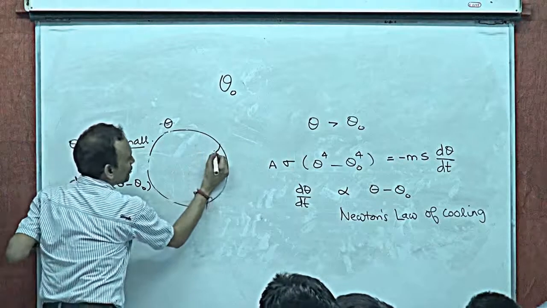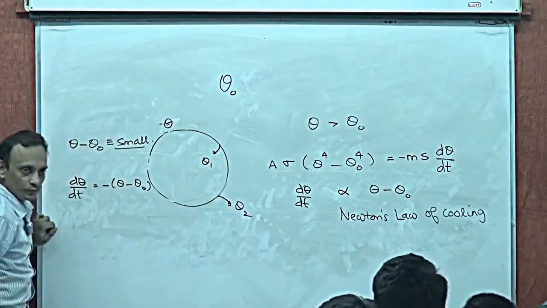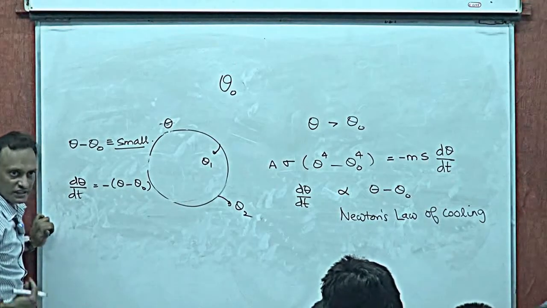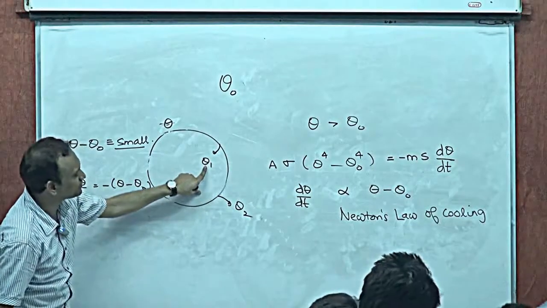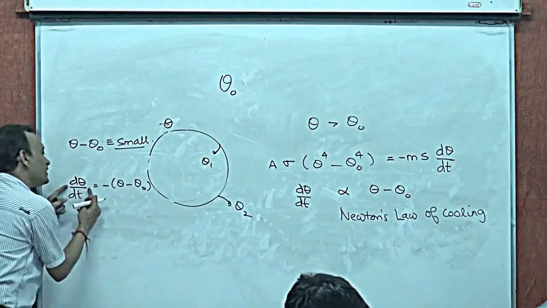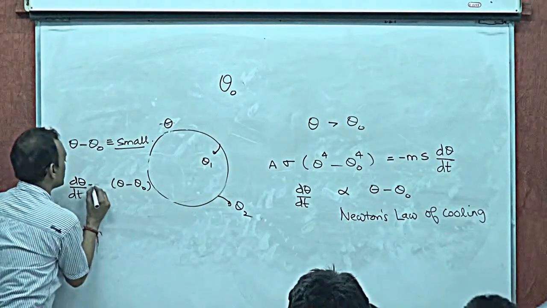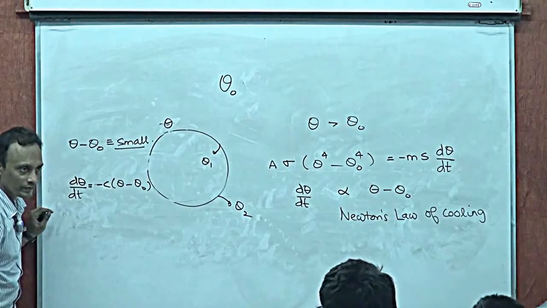Let's say theta was initially theta 1, and after a while it becomes theta 2. I want to find the time it takes for the temperature of this body to change from theta 1 to theta 2. At any given instant, d theta dt would be minus C times theta minus theta naught, right?